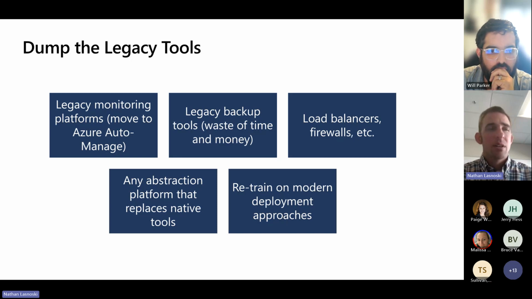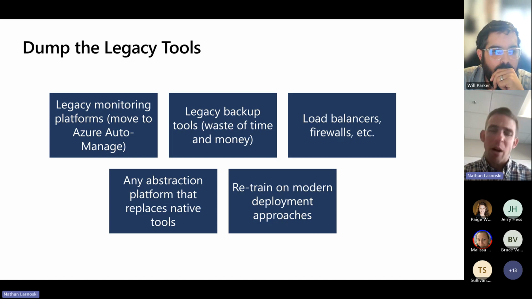There is a tremendous opportunity to move to what's native in Azure to drive cost optimization of your licensing costs, supporting the environment, but even more so, simplification of the ecosystem surrounding the environment.